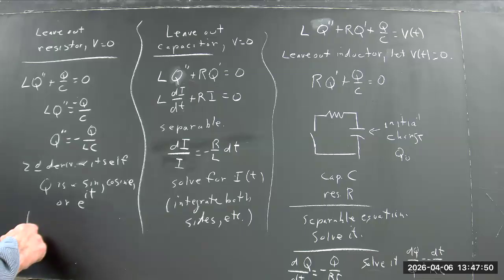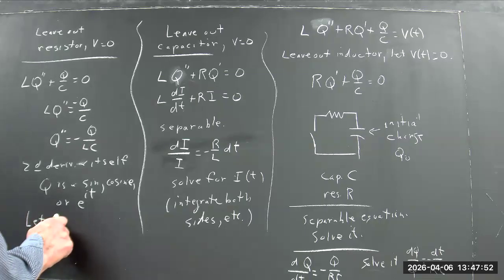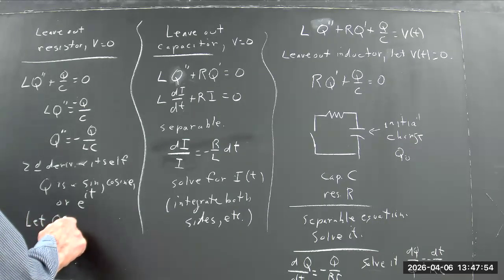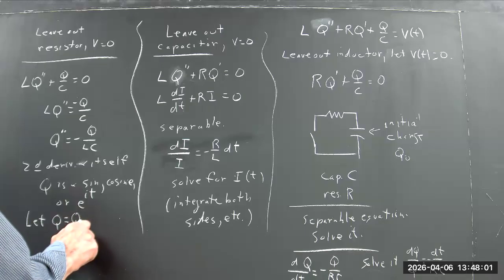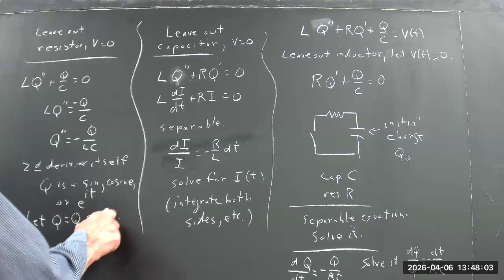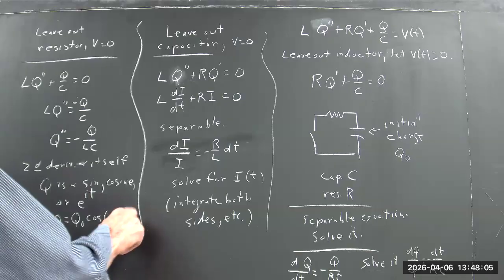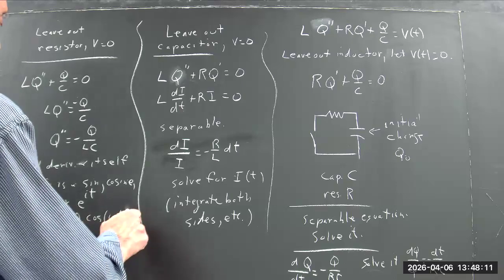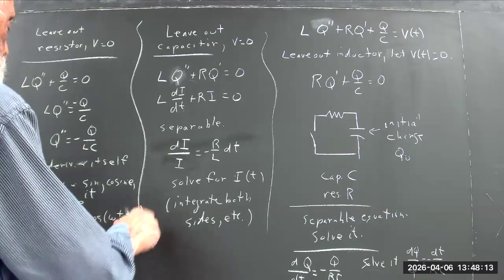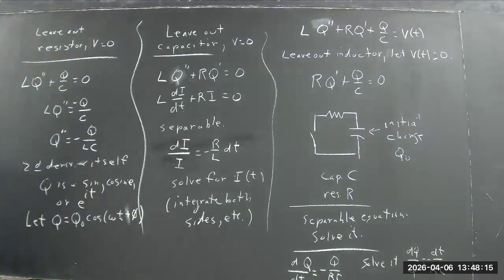So Q equals Q naught cosine of omega t plus phi.